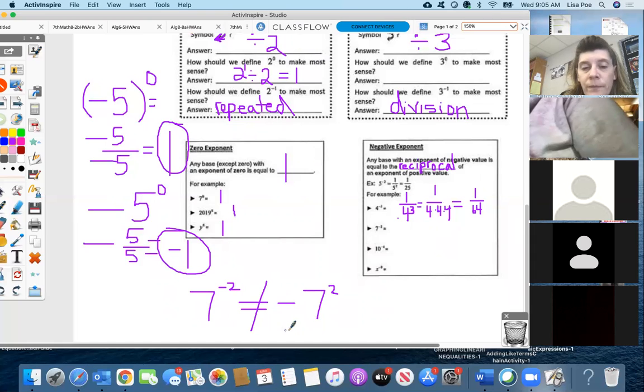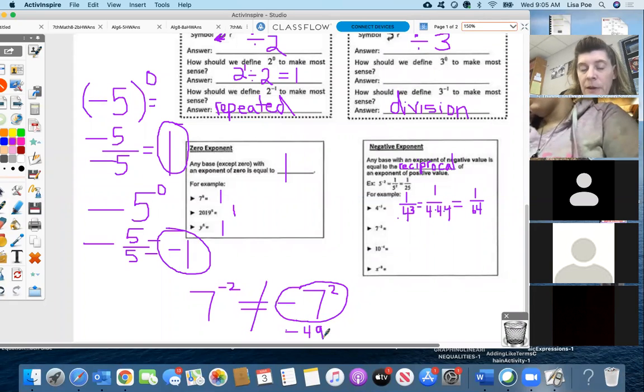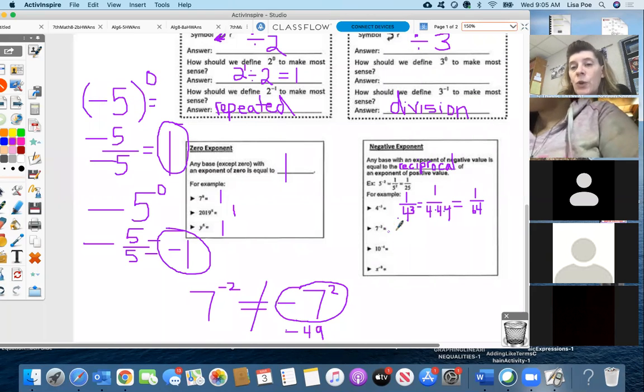Anybody know? -49. 7 to the -2 is 1/7 squared, so this is 1/49. Totally different numbers, right?